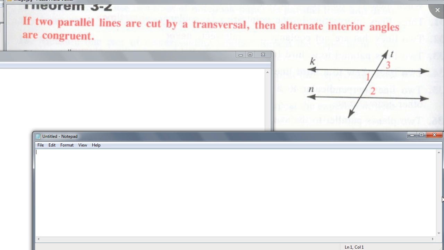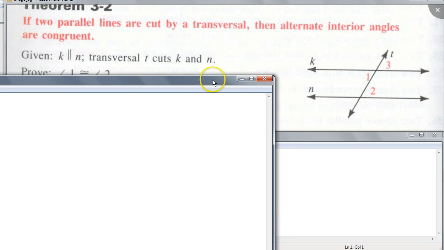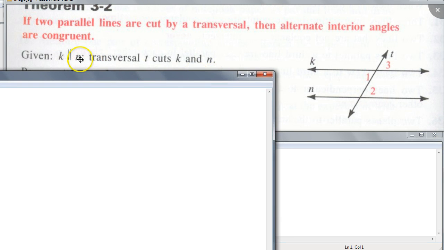If you look at the picture, it's sort of obvious, but what about line T? Do we have to say something about line T? Yeah. Line T is a transversal, exactly right. So that's what is given. K and N are parallel, as you can see right here, and transversal T cuts K and N. You don't have to write it down.